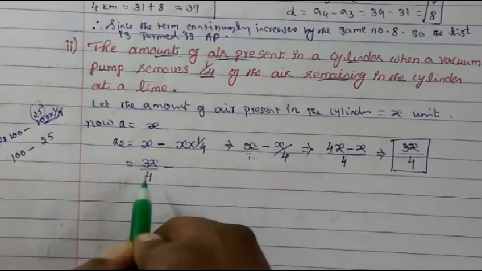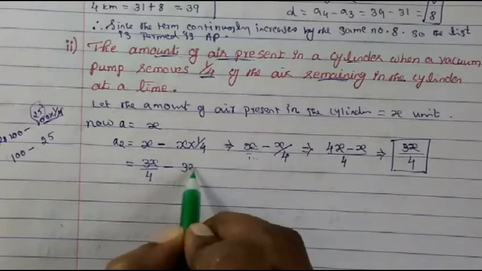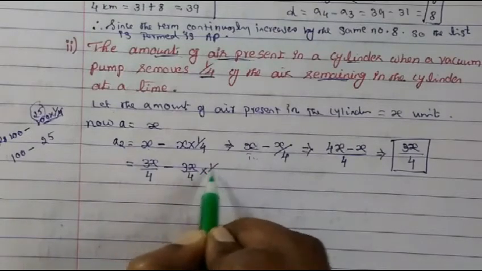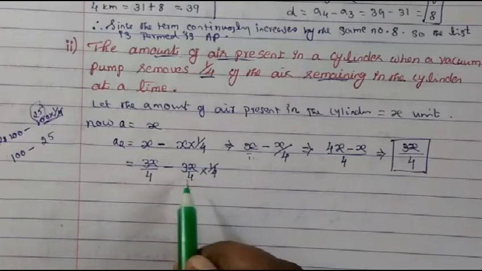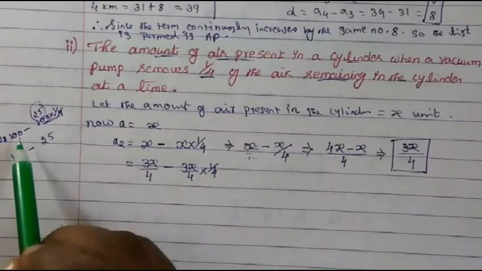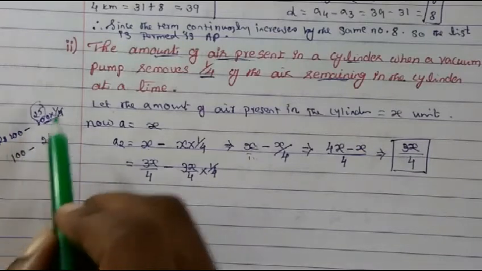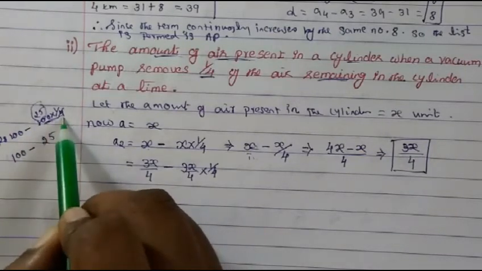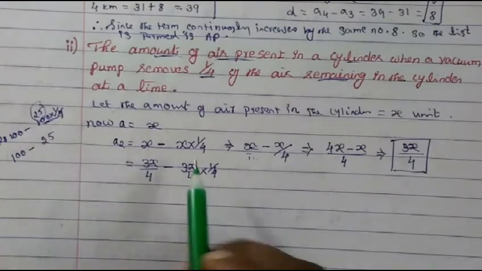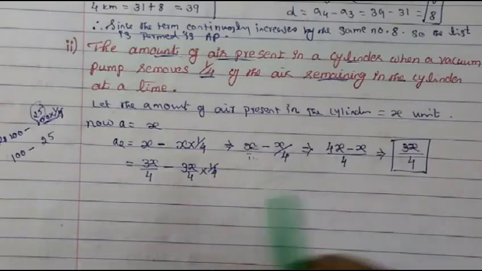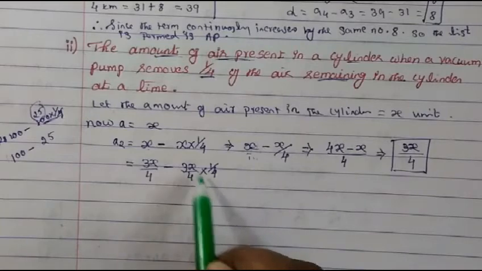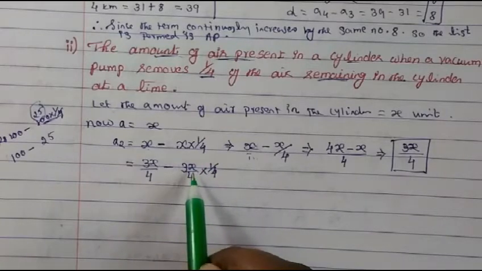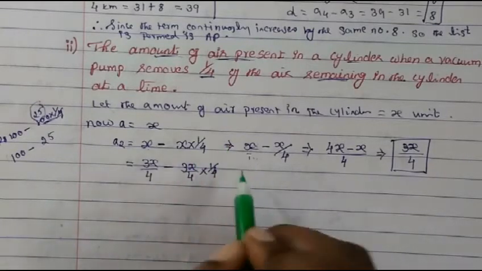So again, 1/4 of this, how will we get it? Again you have to take 3x upon 4 into 1 upon 4. As I said, if you want 1/4 of 100, you multiply 100 by 1 upon 4. Same way, if you want 1/4 of 3x upon 4, we multiply 3x upon 4 with 1 upon 4.